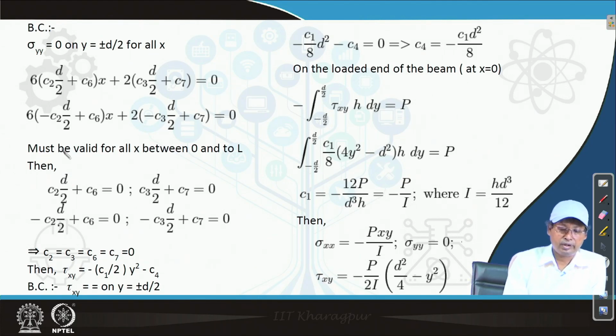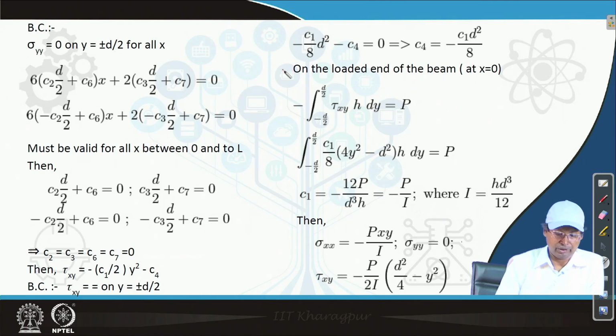These equations must be valid for all x from 0 to L only when these constants are equal to 0. That is why it is made 0. So, both the equations hold only when these are individually equal to 0.